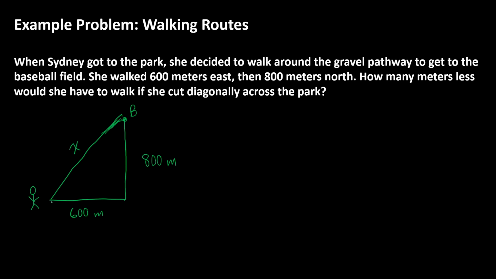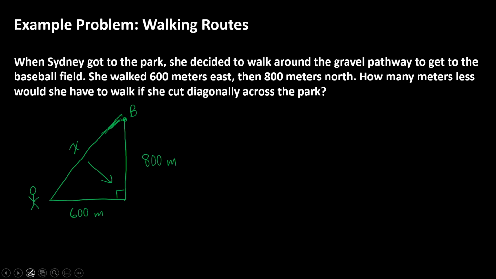So just to clarify here, if we're walking true east for 600 meters, and then we're walking true north 800 meters, that means we're walking and turning at a 90-degree angle. So x, in this case, is going to be the hypotenuse of the triangle we just formed because it is directly across from the right angle.